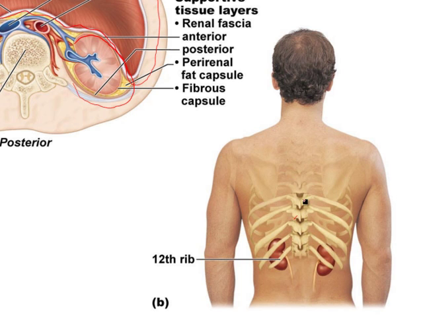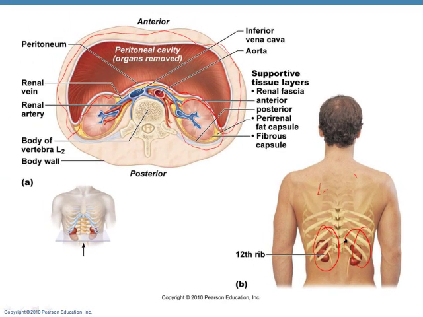They don't have a huge, where's my little pointer? Oh, there you are. They don't have a huge amount of protection. A little bit from the last of the ribs, and those ribs aren't even true ribs. What do they call them? They call them floating ribs. They're also called false ribs. So one of the things I'm going to find in that protective area of the kidney is a lot of cushion.